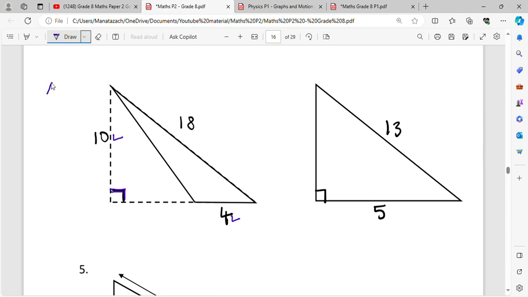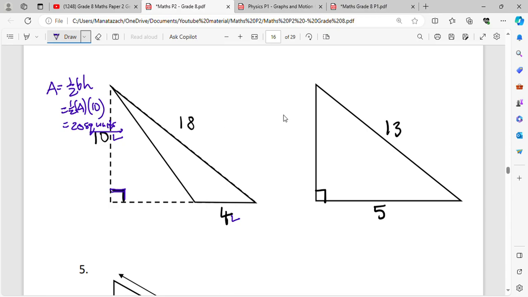So the area of this particular triangle is going to be half base, which is 4. The height is 10. So half times 4 times 10 will give us 20 square units.